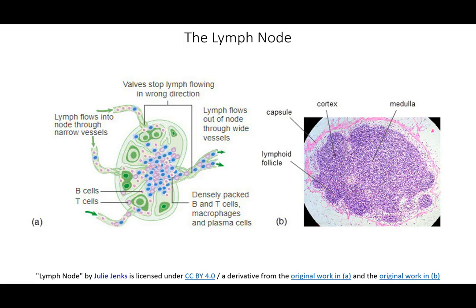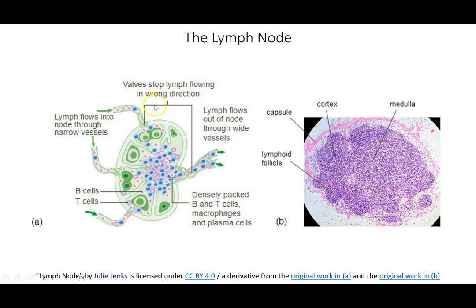And so these are just all over the body to help remove debris and pathogens as those filters. And so they'll get destroyed frequently by the cells located here in the lymph nodes. These are roughly bean shaped usually, and they're surrounded by a very tough capsule of dense connective tissue.